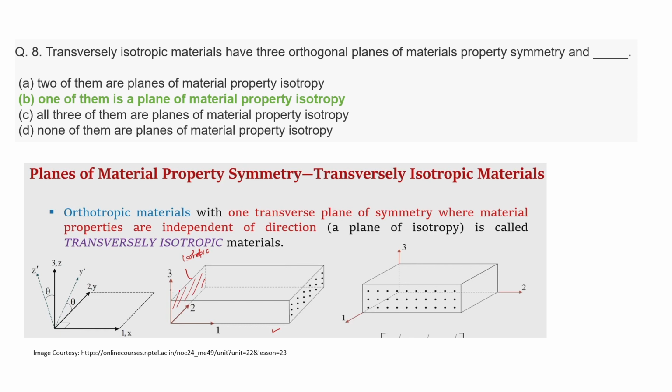That will be equal to 2, 1 also. So we can interchange the values which consider these two axes. That is an example of what a transversely isotropic material does. So from the definition, option D is our answer. That is, a transversely isotropic material has three orthogonal planes of material property symmetry, and one of them is a plane of material property isotropy.